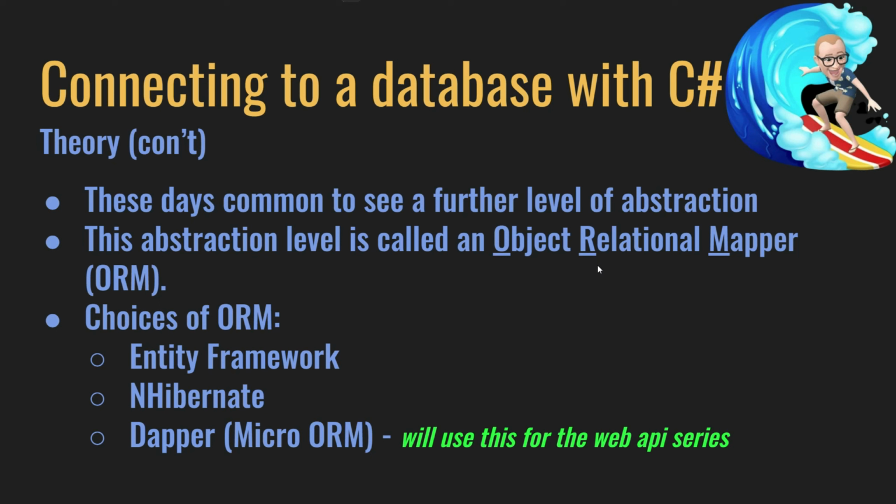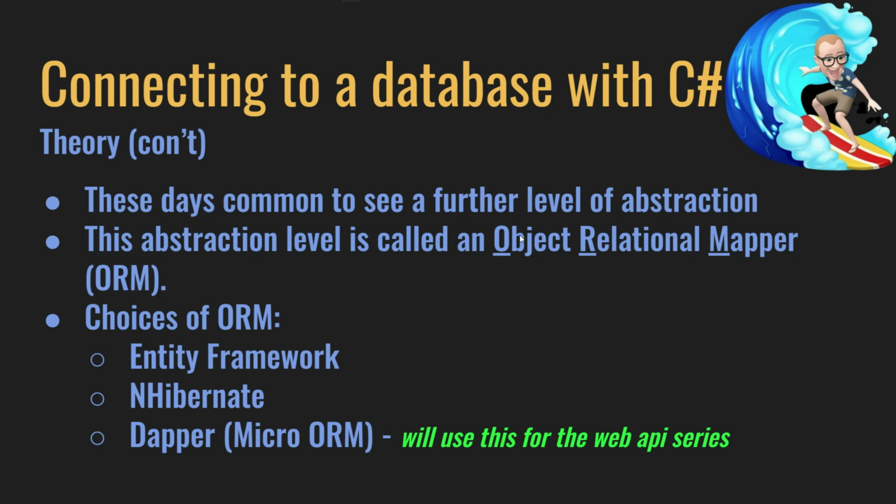Its job partly is to overcome this impedance mismatch that you have and make our database access code in a more object-orientated style, as we are using an object-orientated language. So it sort of has a clue in its name.